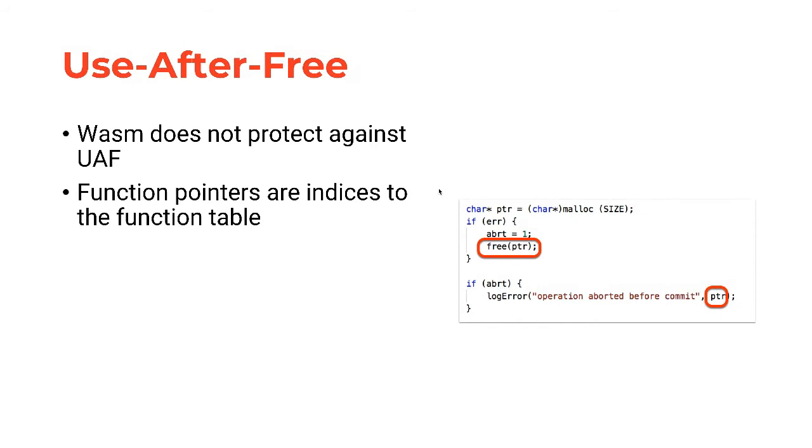What ends up happening in a use after free bug is first we've freed the memory, and now we're doing something else that points back to that at a later point in time. So now we have arbitrary memory that hasn't been deallocated that we can essentially abuse. So this is another class of vulnerability that you don't get any protections from WebAssembly either.